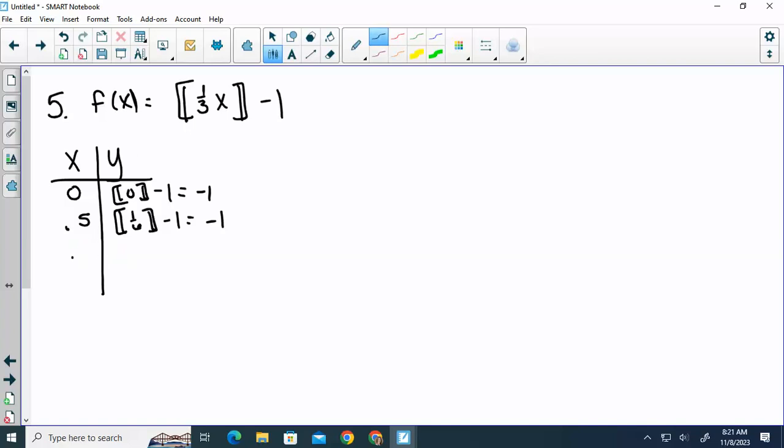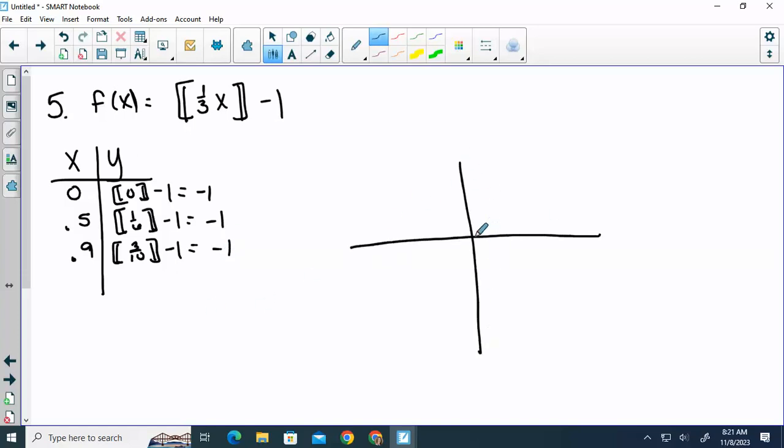Right, if I put in 0.9, 1/3 times 0.9 would be 3/10. Greatest integer of that? 0 minus 1. Okay, so have I found my next step yet?